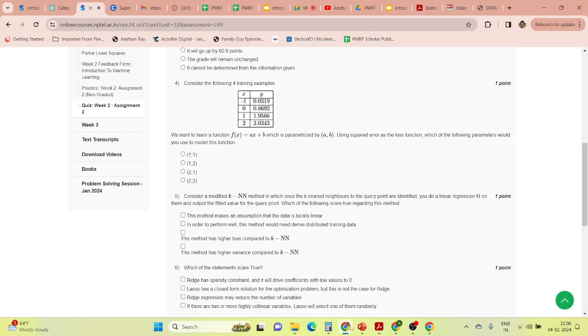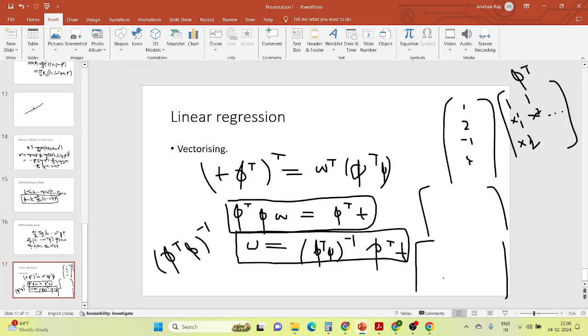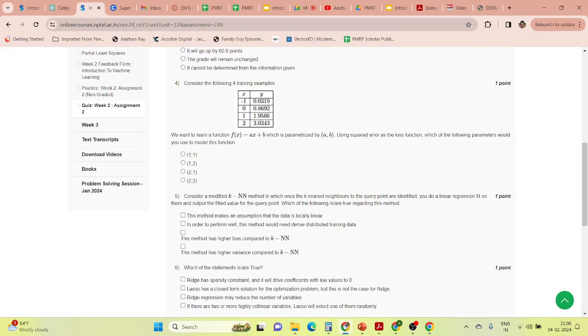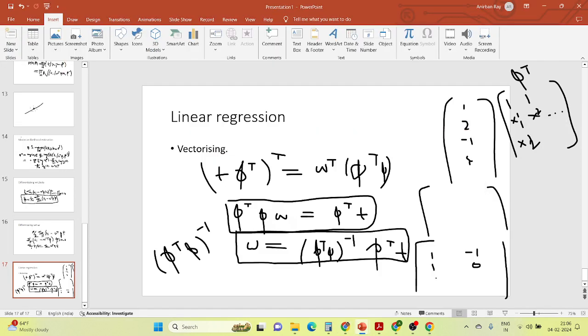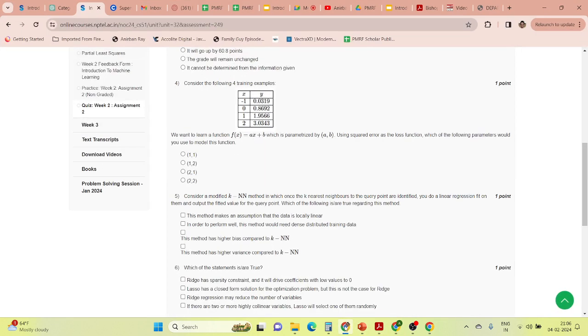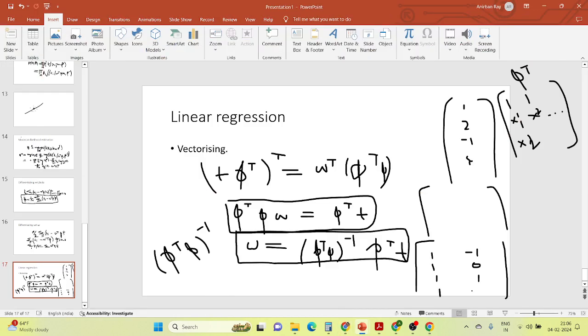Phi will be 1 and -1, and then 1 and 0, and then 1 and 1, and then 1 and 2, right? So this will be phi here. Use this phi, transpose everything, you can do the inverse.